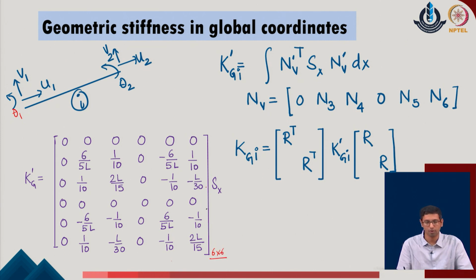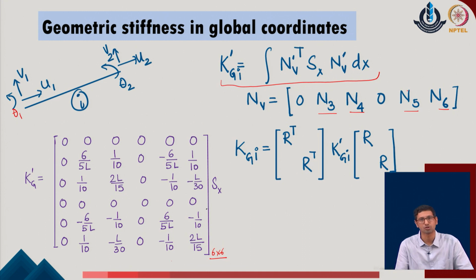Those of you who have not seen this part earlier, I will just ask that you have a look at the geometrical stiffness expression which we derived in week 9 and week 10, where we evaluated the geometrical stiffness for beam-like members, and that we define in terms of the individual shape functions n3, n4, n5 and n6 of the given system. We have given the values of these shape functions also, and based upon that we are now able to evaluate the stiffness matrix of the given system.